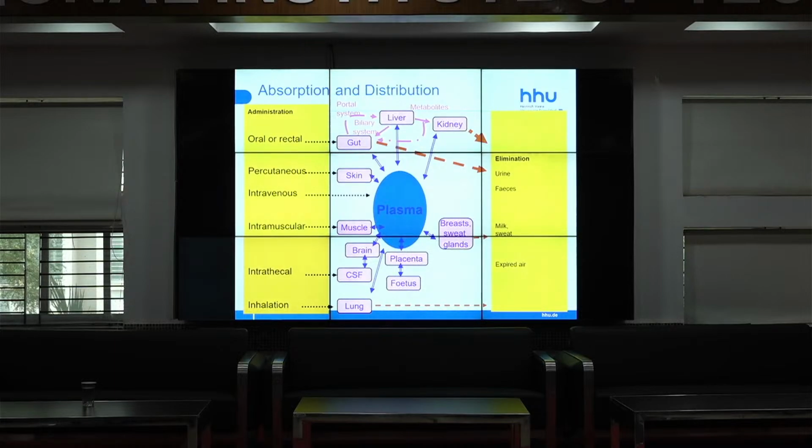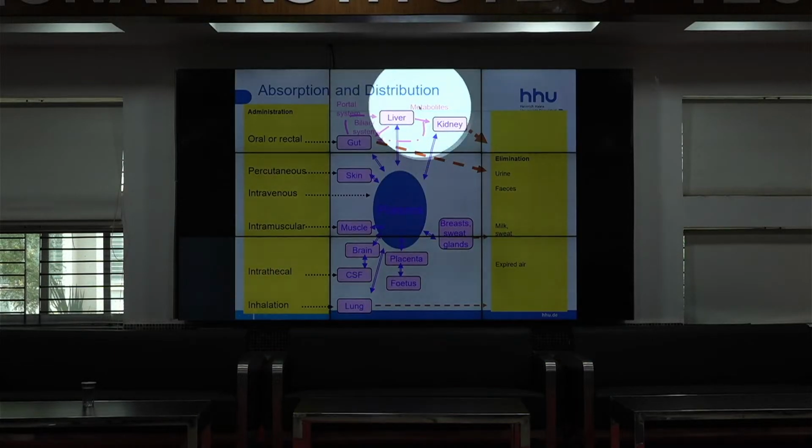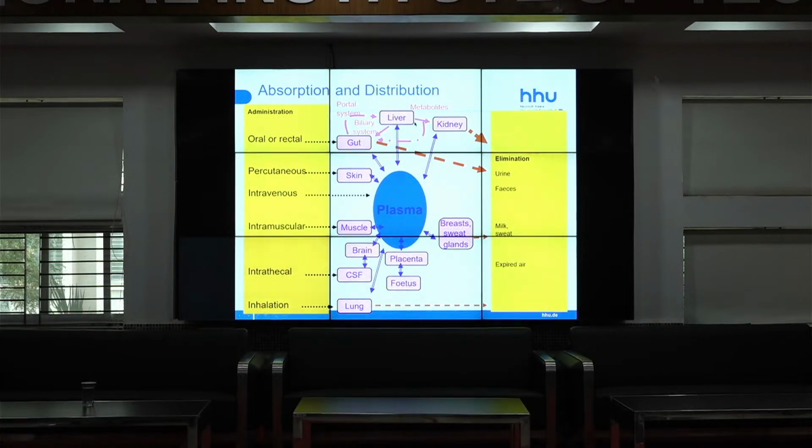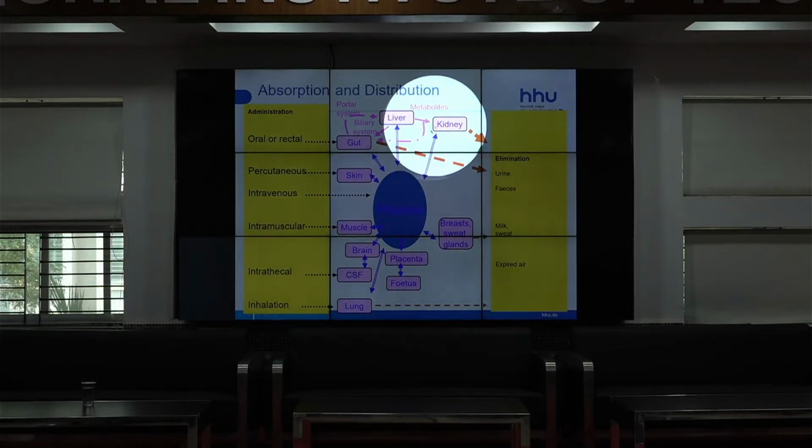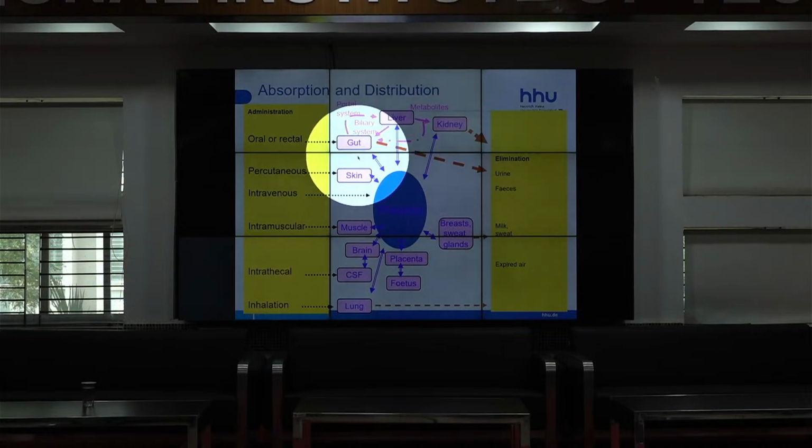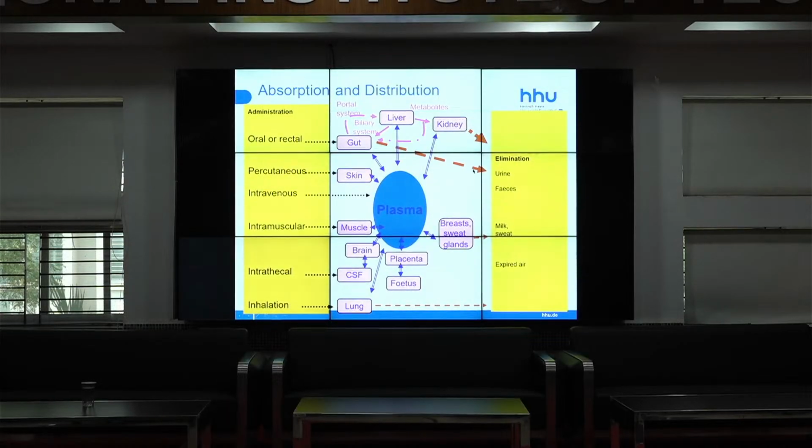And then after the distribution, we do have the metabolization mostly by the liver, but also by many other cell systems and also directly in the plasma. And we do have the process of elimination. So in many cases, our kidney, the renal elimination, is the most prominent one, but you can also go directly by feces through the gut.